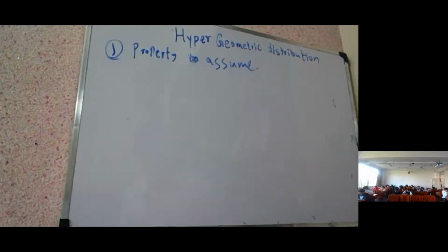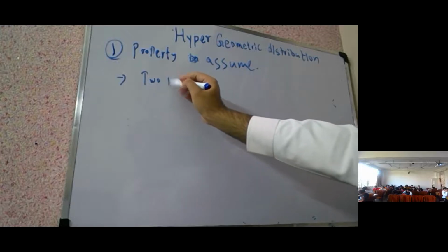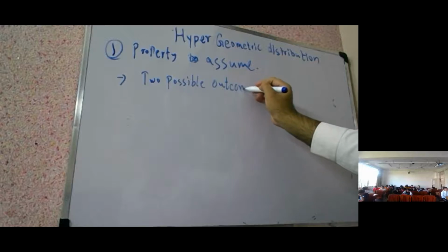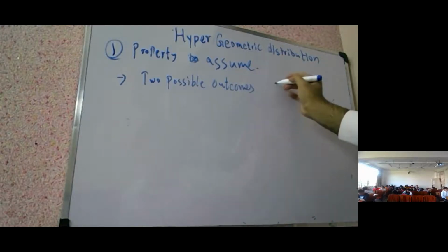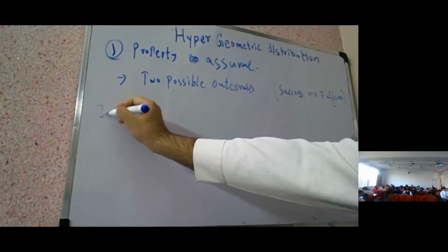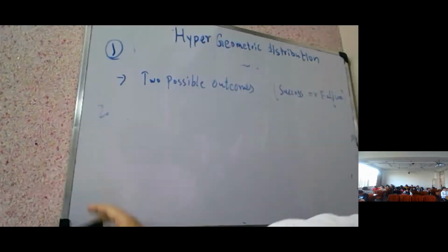Property to assume: first one is that we have two possible outcomes, that is success or failure, head or tail, true or false. So that's the first thing we cover.